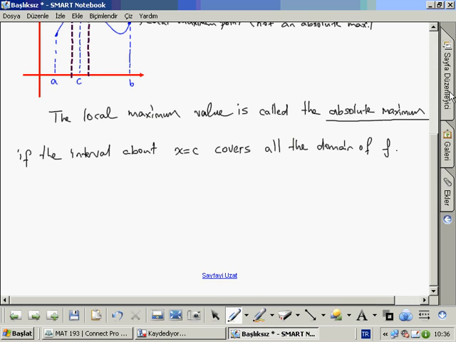So we can say this is the absolute maximum.